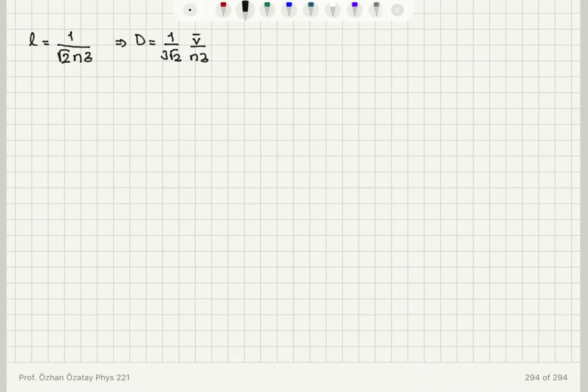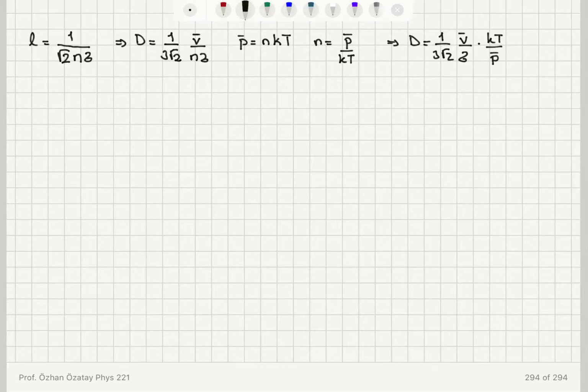And we can use the mean pressure of the gas is equal to number density times Boltzmann constant times temperature, the ideal gas law, which gives us for n, P bar divided by kT. So we find that the coefficient of self-diffusion is 1 over 3 square root 2 V bar over total scattering cross-section sigma times kT divided by P bar.